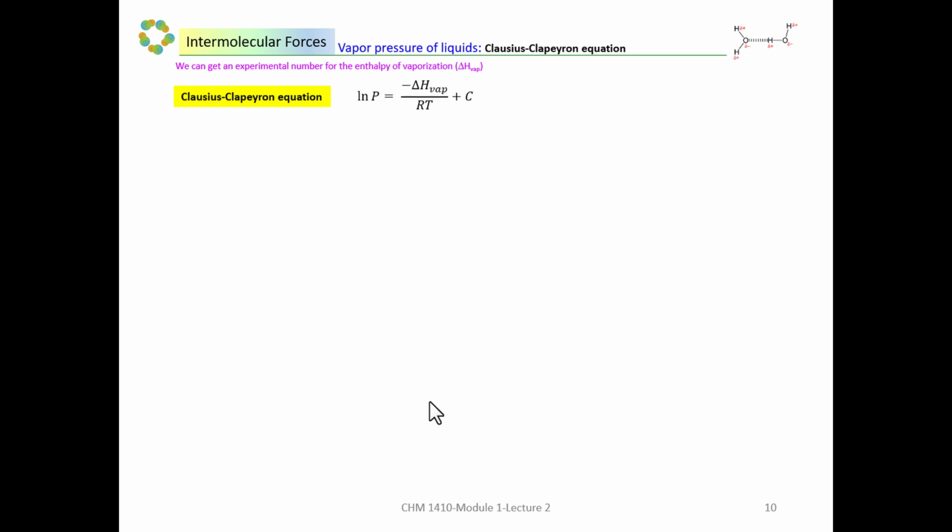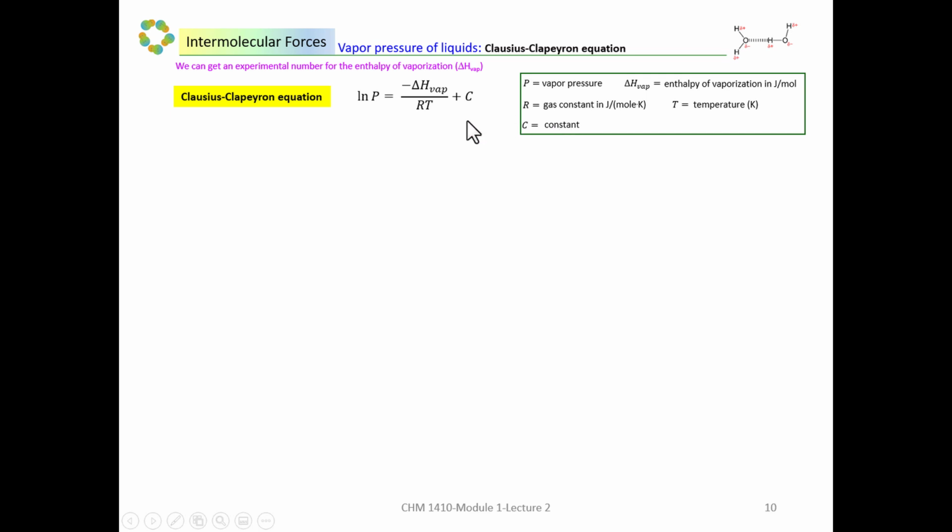Let's look at what we mean by the Clausius-Clapeyron equation. Basically, this equation has this uninteresting form. The natural log of the vapor pressure is equal to minus the heat of vaporization divided by the universal gas constant times the absolute temperature plus a constant.